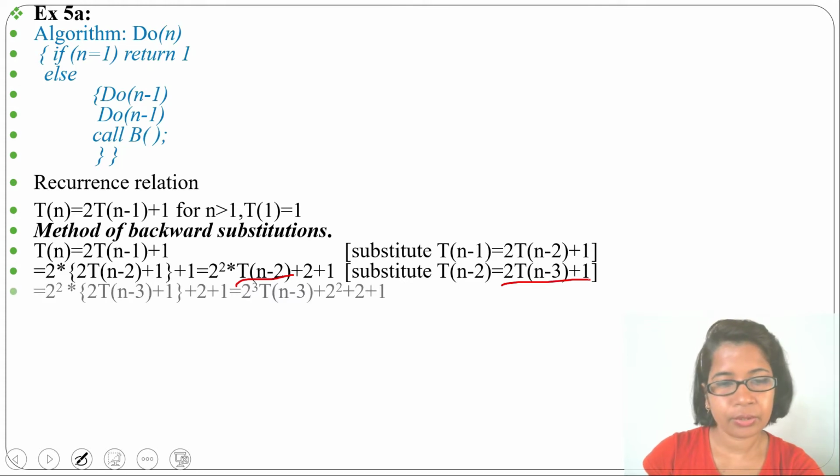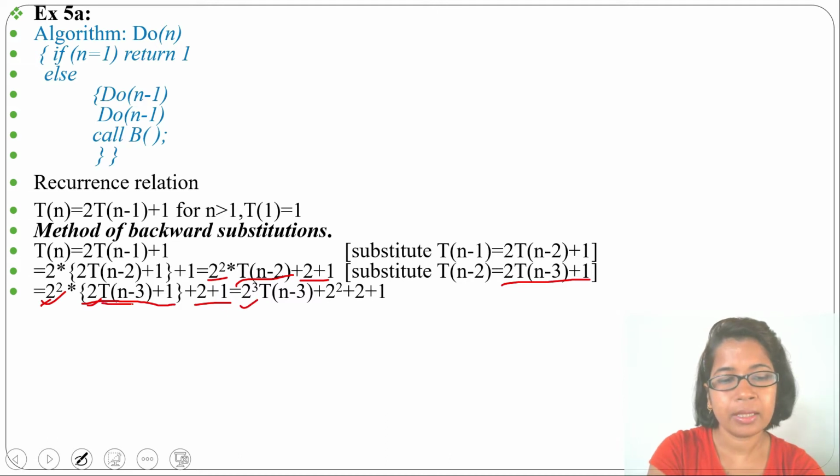So let's substitute. 2 square was before, so 2 square, and in place of T(n minus 2) we substitute 2T(n minus 3) plus 1. Before there was 2 plus 1, so we write 2 plus 1. Now 2 square times 2 is 2 power 3, T(n minus 3). Then 2 square times 1 is 2 square. Before, 2 plus 1 was given, so we write it as it is.